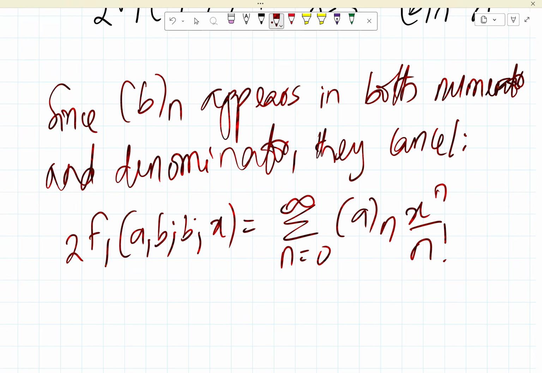so what can we do with (a)_n? (a)_n would be gamma(a plus n) all over gamma(a).